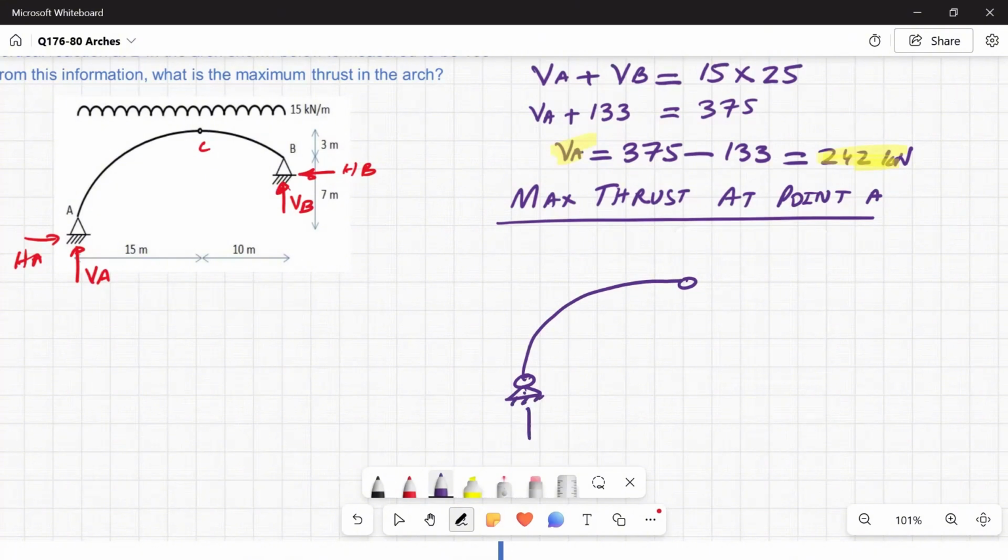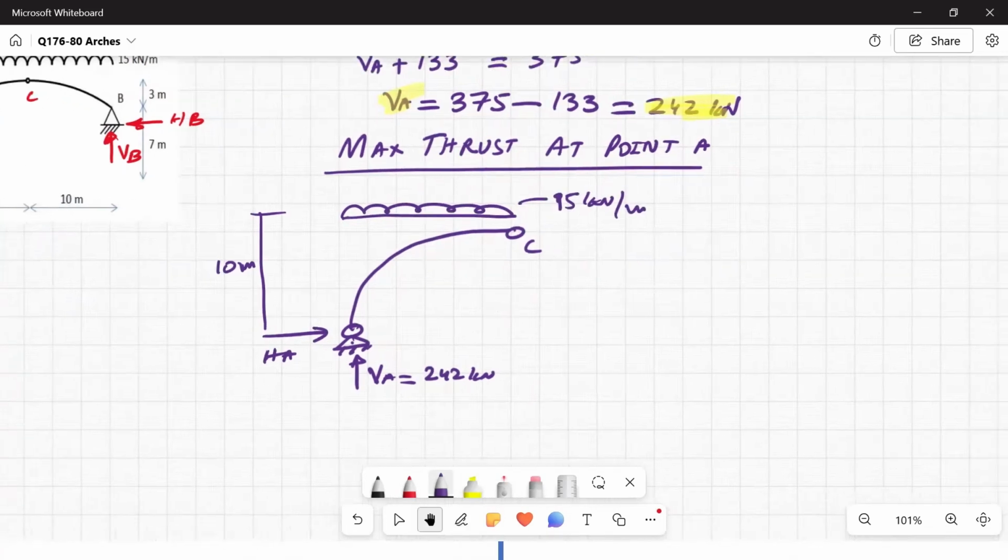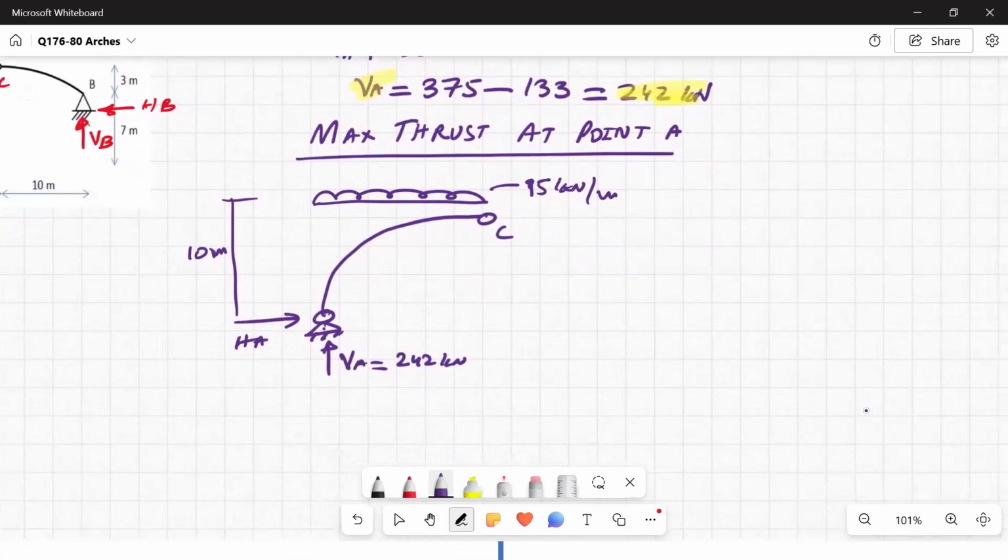We had a support here, so we have VA, which is equal to 242 kilonewton, and HA we need to find out, and the vertical distance is 10 meters, and this is point C, and we have a UDL of 15 kilonewton per meter.